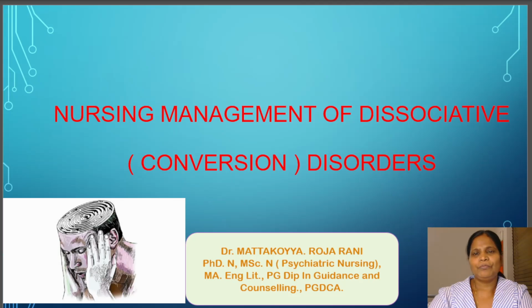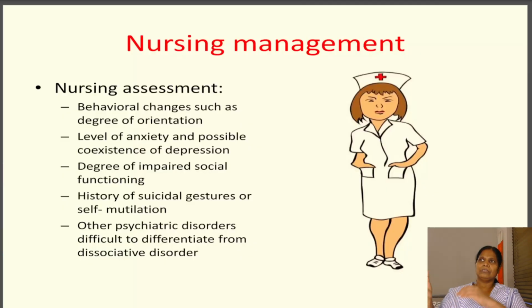So if you remember, in our previous video, we discussed that dissociative disorders are mainly caused due to some stressful events or some abuses. There is a dissociation where the person loses a part of memory, lost from the conscious awareness of a person.